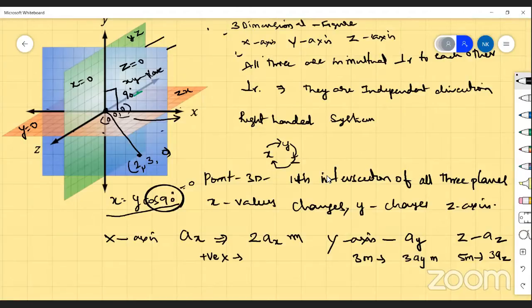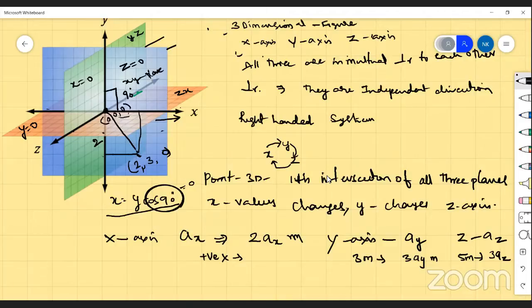So a body is moved from this point to this point. What does it mean? Suppose you drop a perpendicular here and another perpendicular here. This is the y-axis. It has traveled along y-axis.